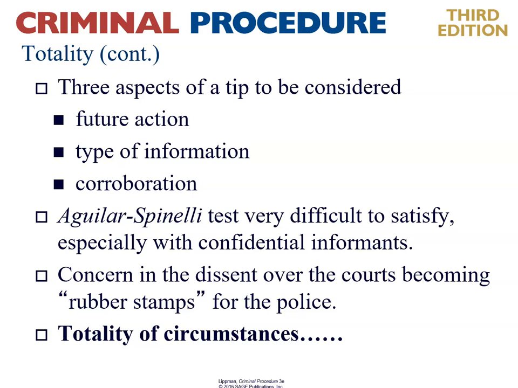An informant with access to this type of detailed information, in the view of the Supreme Court, likely had access to reliable information of Gates' alleged illegal activities. And the last one, corroboration. Confidence in the accuracy of the information provided by the informant was later bolstered by the fact that the police were able to corroborate a significant number of details.